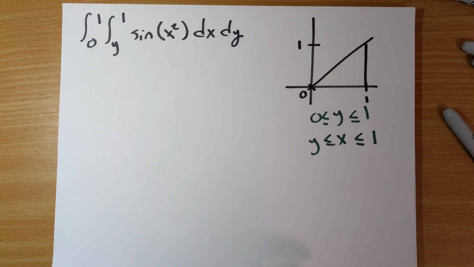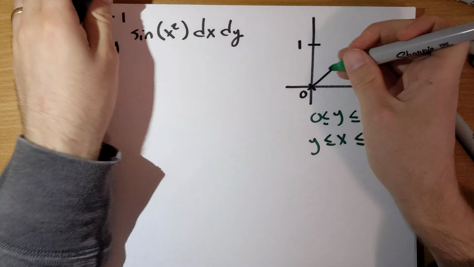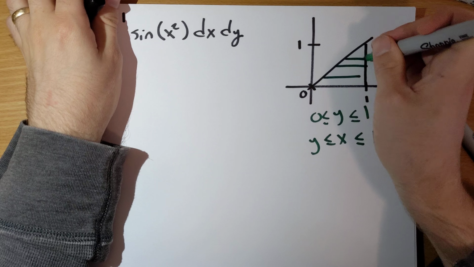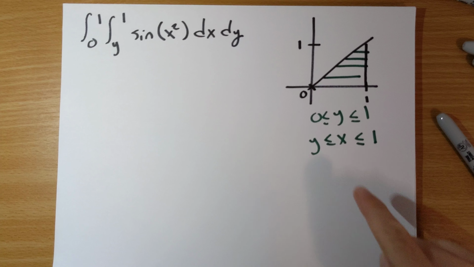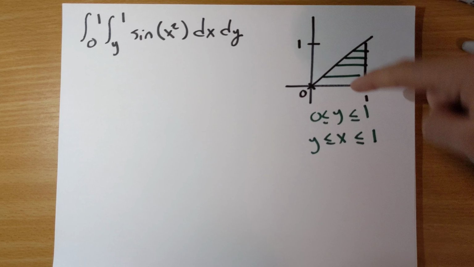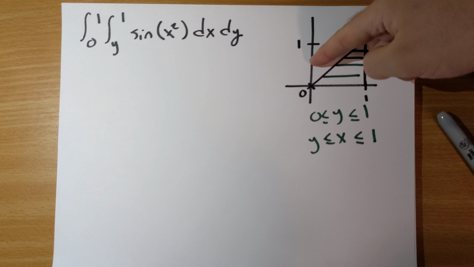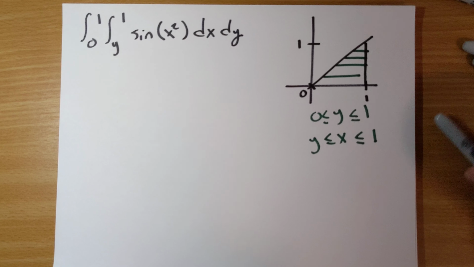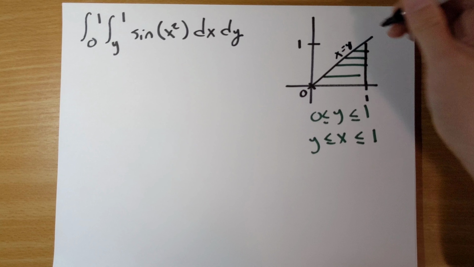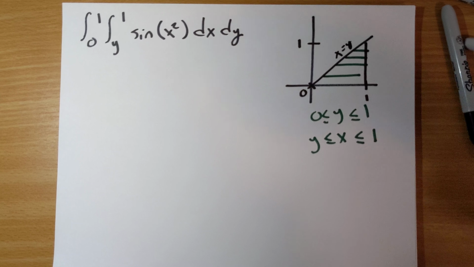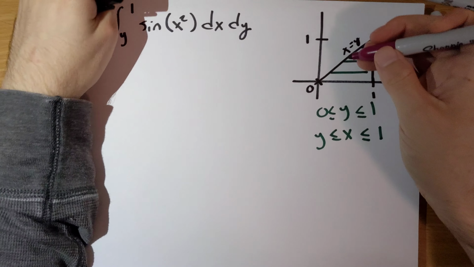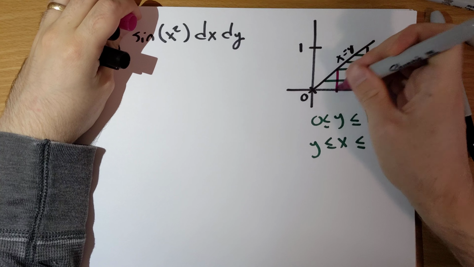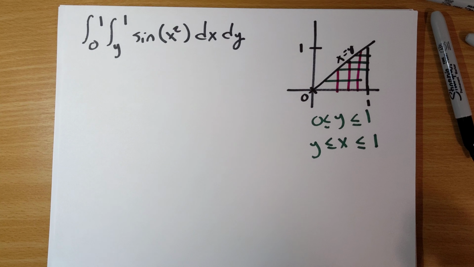And so this right here is the triangle in question, because y runs from 0 to 1, and for a particular fixed value of y, x runs from the line x is equal to y to x is equal to 1.